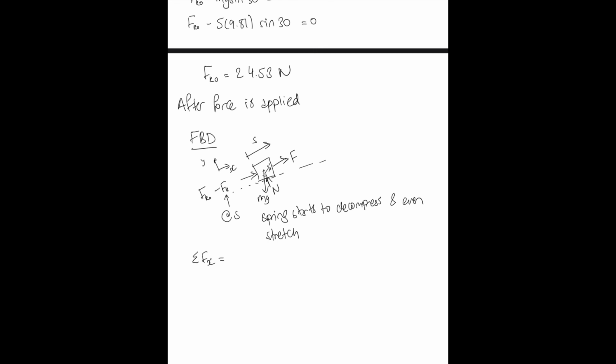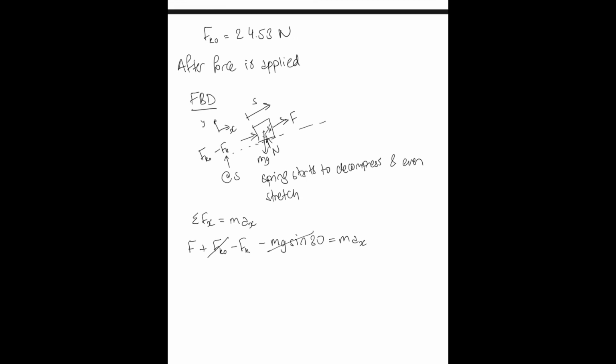So the sum of forces in the x is going to be equal to max. We're going to add up our forces. This is just equal to this, so they're going to cancel out.